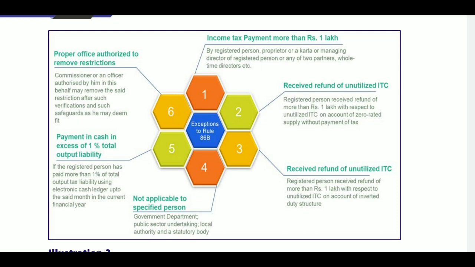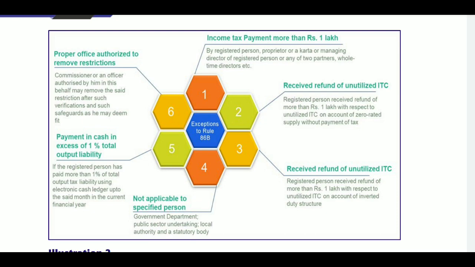If you are paying income tax of more than 1 lakh by your authorized person, who is that authorized person? Maybe the registered person, or the proprietor, or karta, or managing director of the registered person, or any two partners or whole-time directors. If you are paying income tax of more than 1 lakh in the last two years, then this Rule 86B will not be applicable.